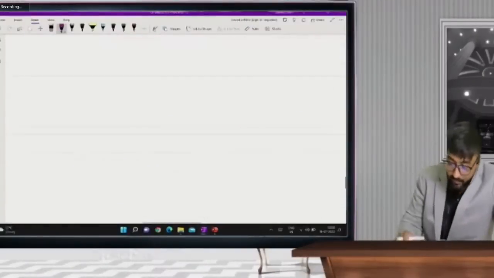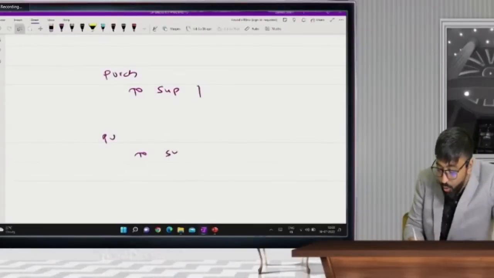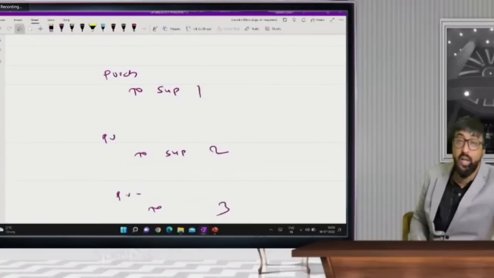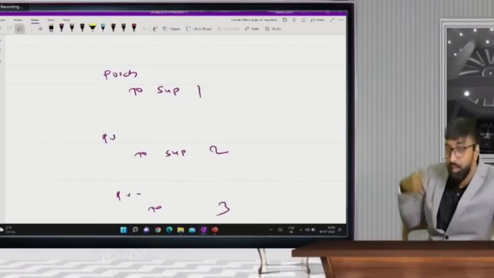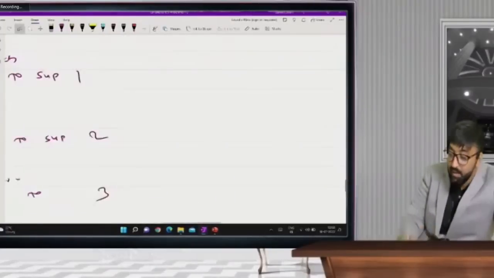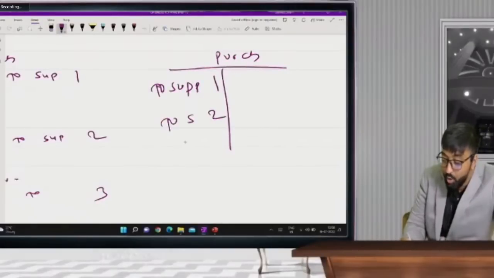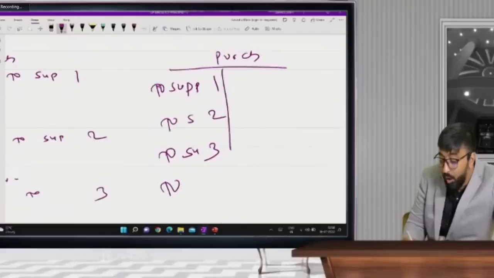See, journal entries: purchase account to supplier 1, then purchase to supplier 2, then purchase to supplier 3. Every time, again 1, 2, 3, again 1, 2, 3, again 1, 2, 3. You are regularly doing this. Then beta, if I open purchase account, every time I write to supplier 1, to supplier 2, to supplier 3, to again supplier 1.